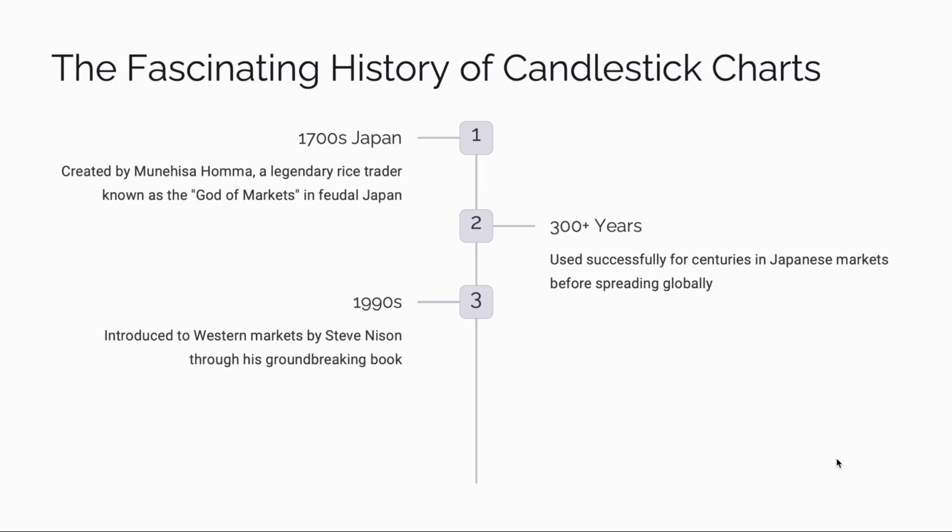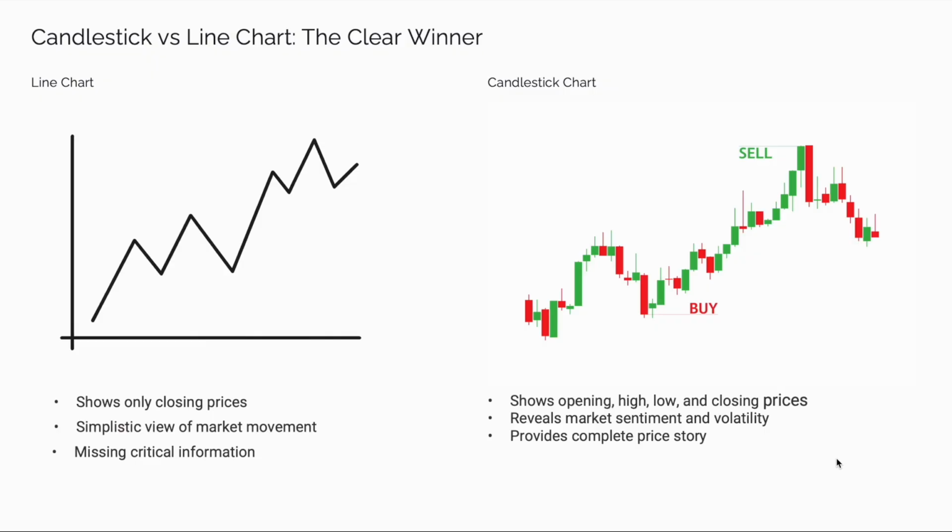For over 300 years, this method worked so well in Japan that when it finally reached the West in the 1990s through Steve Nison's book, traders everywhere adopted it. Today, whether you are looking at stocks on the NSE, gold on MCX, or crypto, candlesticks are the go-to charting method.